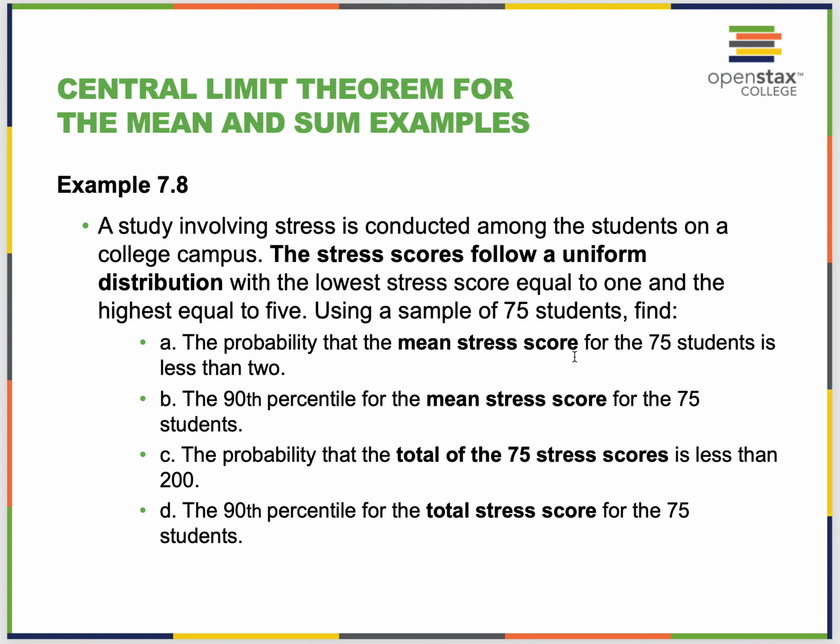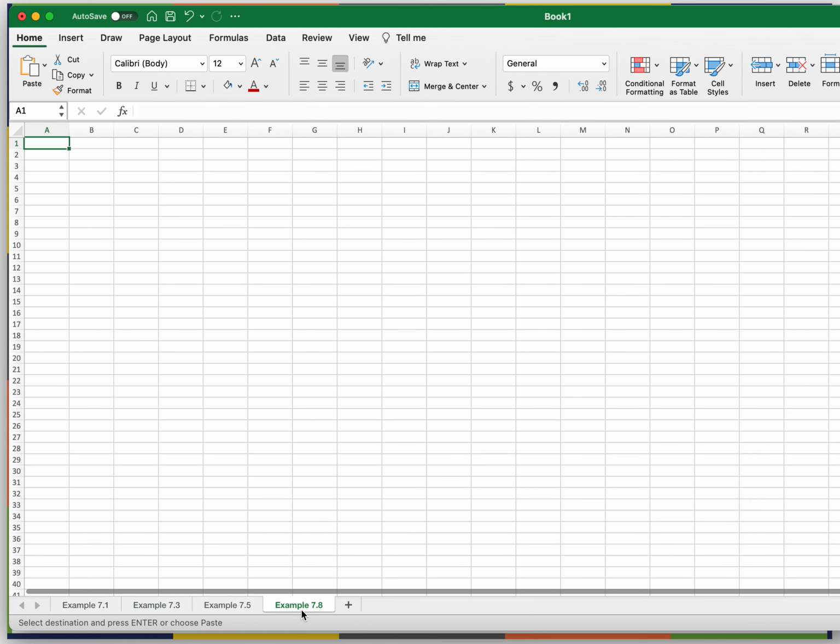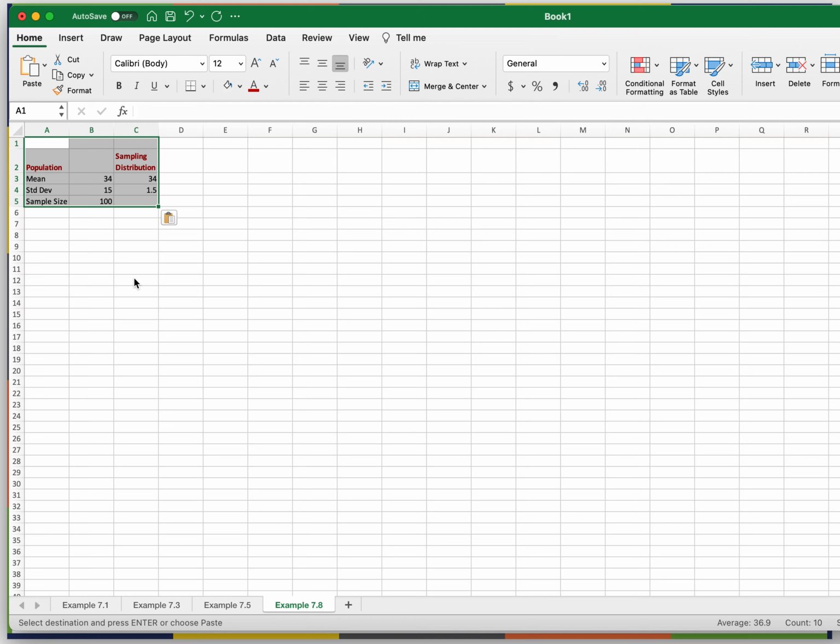Mean stress score and 90th percentile stress score. So let's see what we got here. Let me copy this over to sample example 7.8.